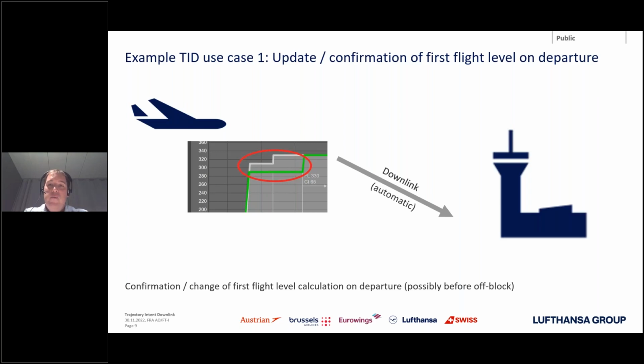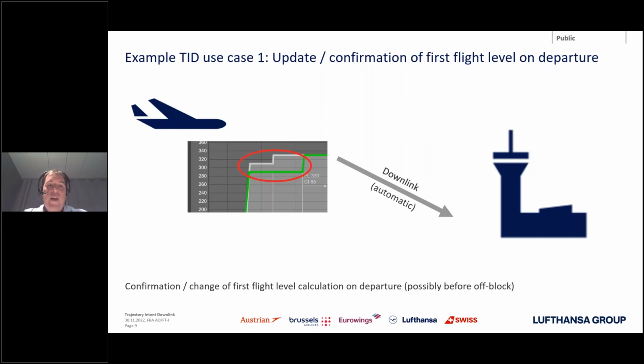So here are some example use cases which seem to be simple, like the first use case, the update and confirmation of first flight level on departure. Most times, at least in Europe, controllers ask the air crew for their first intended flight level, because they cannot confirm the numbers that have been filed in the flight plan before, as I said, the weight often changes. In this example, the green line again is the most optimum profile, or the one that is possible, and the white one is the one that has been filed.